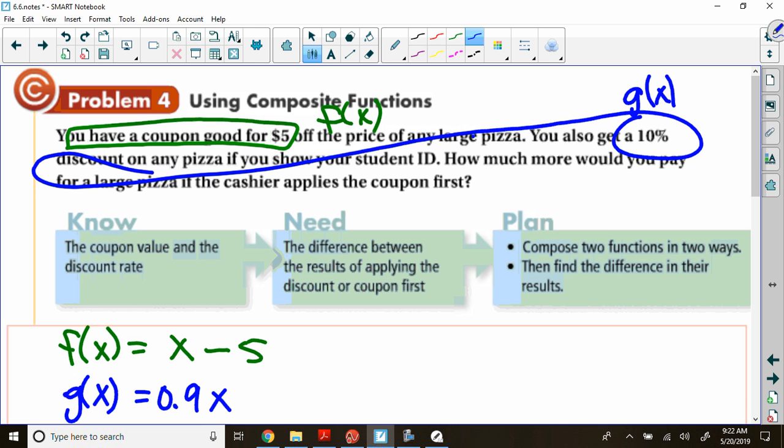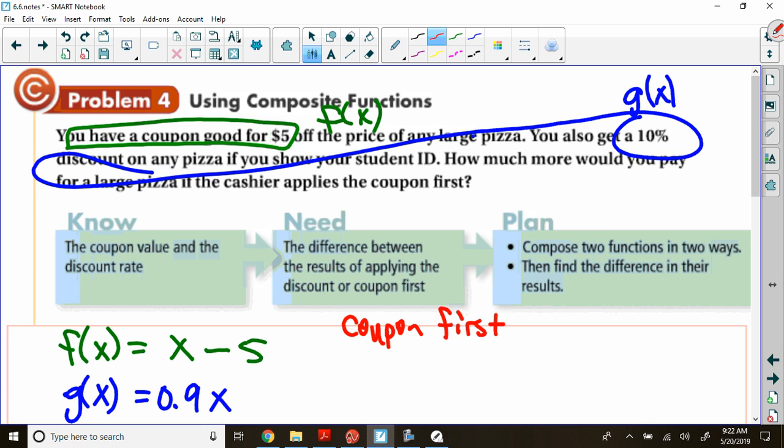This is interesting. It says, how much more would you pay for the large pizza if the cashier applies the coupon first? Let's think. Coupon first. That's either going to be f of g of x or g of f of x.